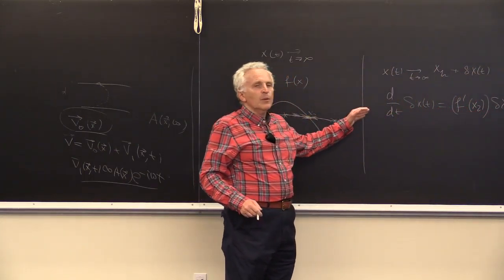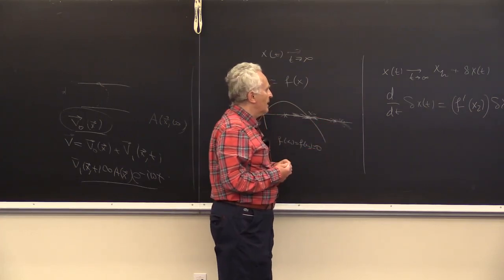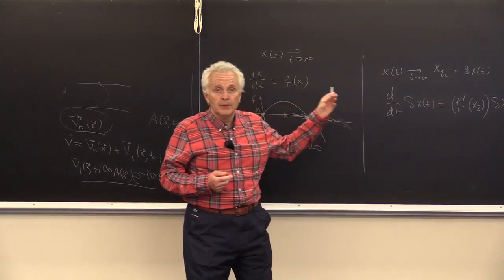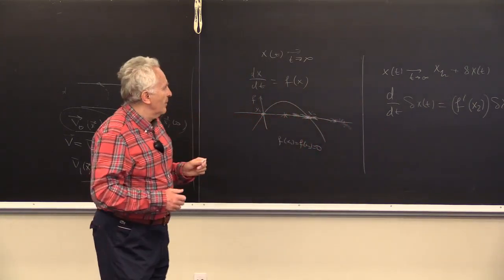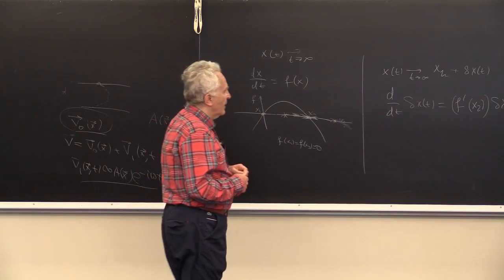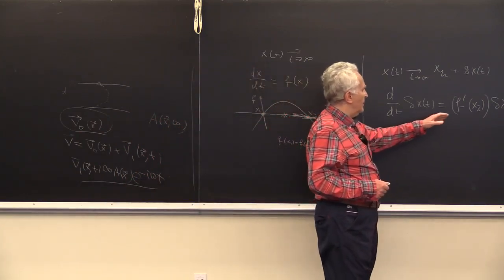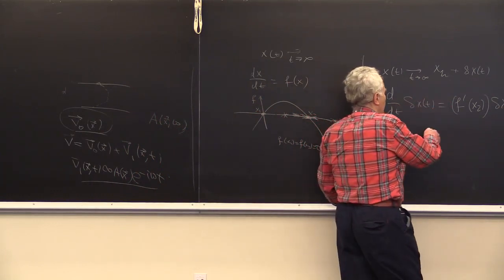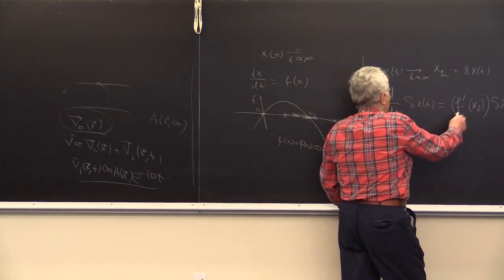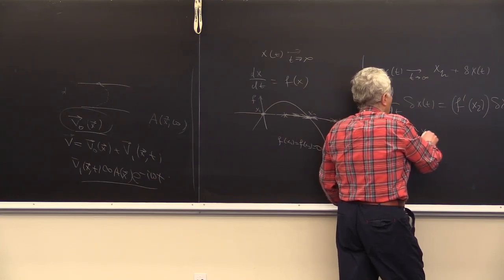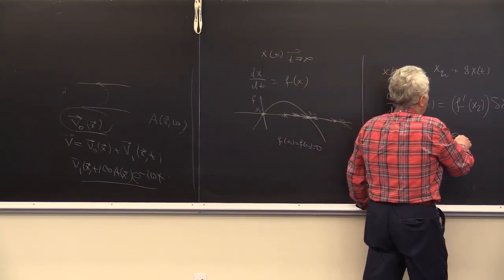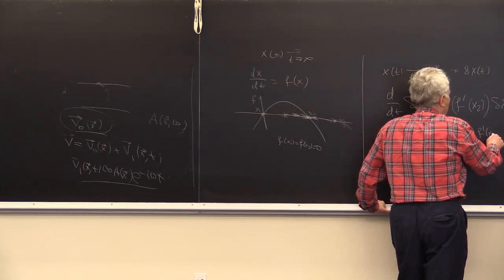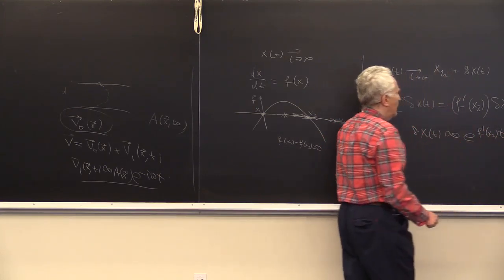What in this equation guarantees that we have a stable solution converging, and how it converges to x2? Remember that this is a very trivial equation. x2 is a constant in time. So delta x of t should be proportional to e to the f prime of x2 multiplied by t.